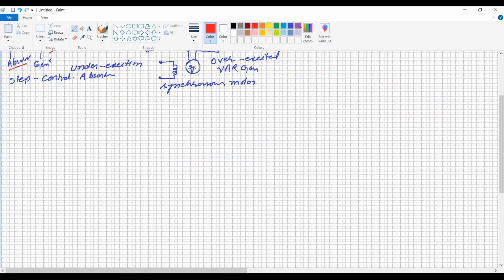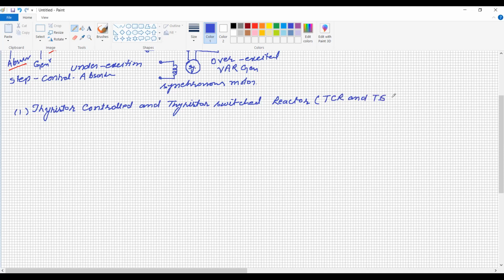The first one we can consider is the thyristor controlled reactor and the thyristor switched reactor.